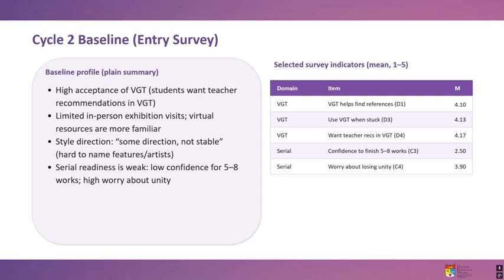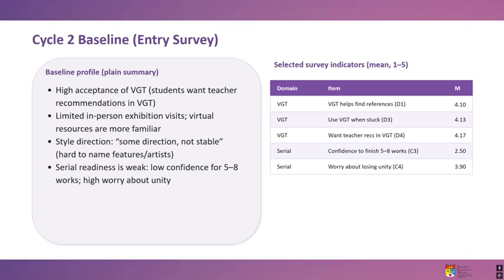D4 means I hope the teachers give more specific recommendations inside VGT. C3 means I feel confident I can finish 5 to 8 works on time. C4 means I worry the series may drift and the works may not look unified.